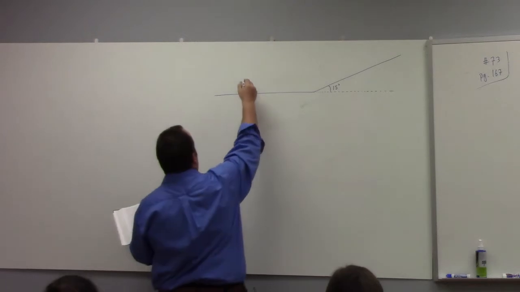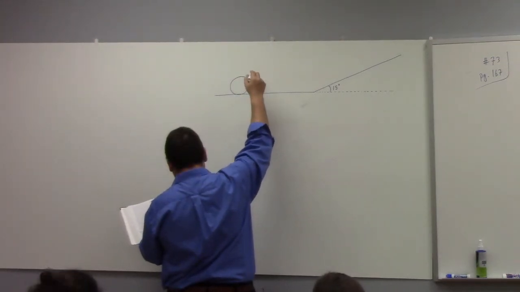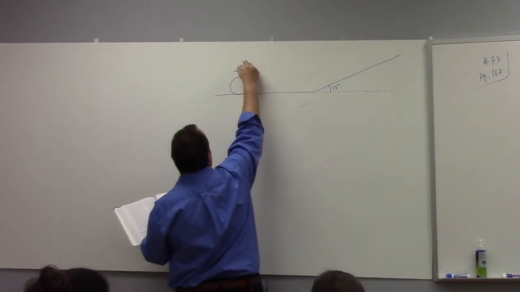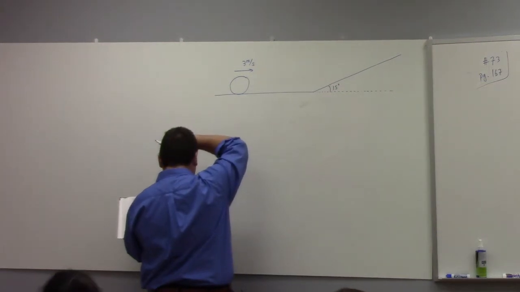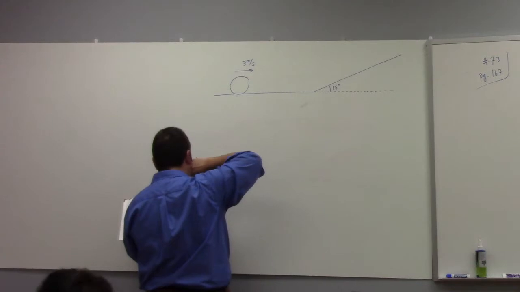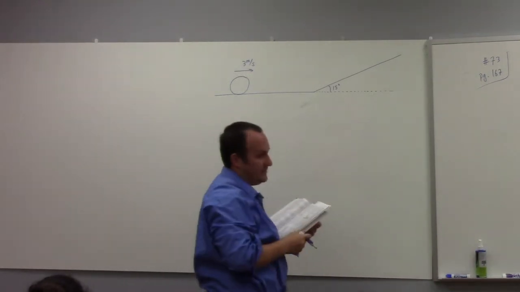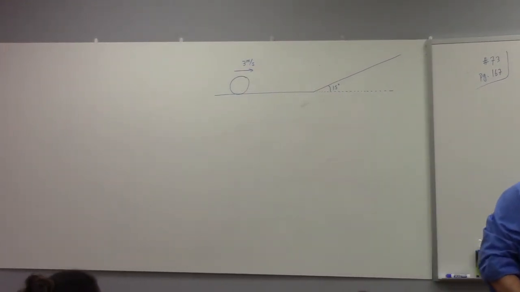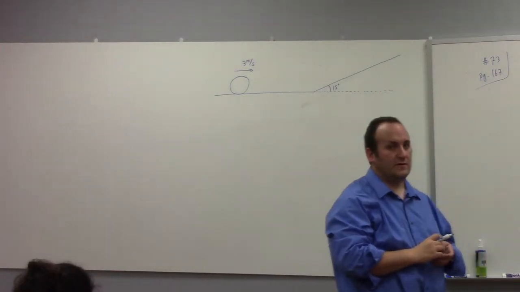So we have a hoop, and it is rolling at 3 meters per second. It reaches the 15-degree incline. The question is, how far up the incline will it go, and how long will it be on the incline before it arrives back at the bottom? Now, I don't like the wording here because there are two different ways you could interpret how far up the incline it will go.